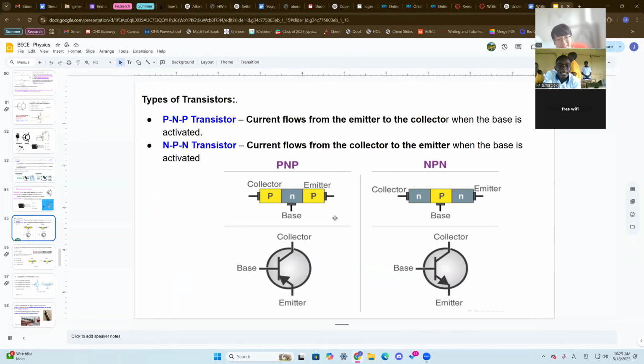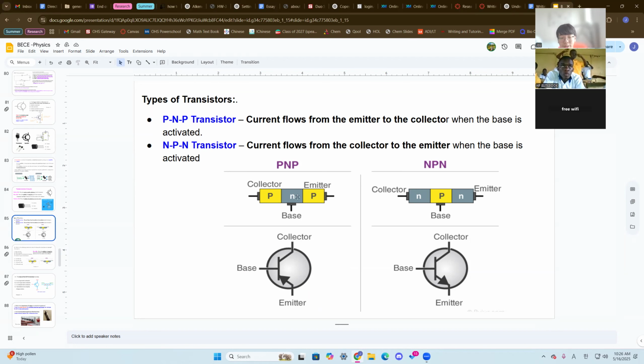Just in case the transistor might not be as clear, you can think of PNP as looking like this. For NPN, the collector is N, the base is P, the emitter is N. So it just shows the order. Always the thing in the middle is the base.